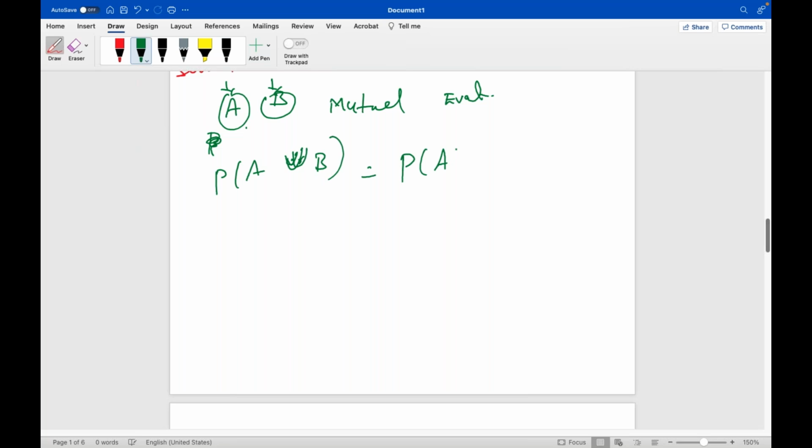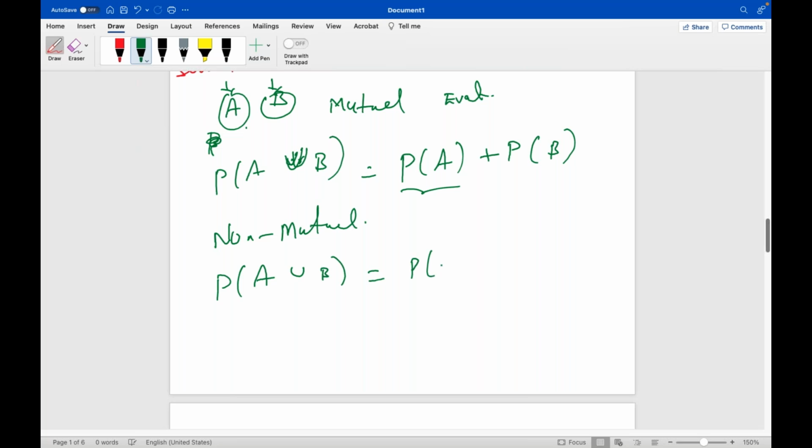So when both are mutually exclusive, the probability is the probability of A plus the probability of B. This is the formula you need to remember. If it is a non-mutually exclusive event, there might be a chance both events happen at the same time.